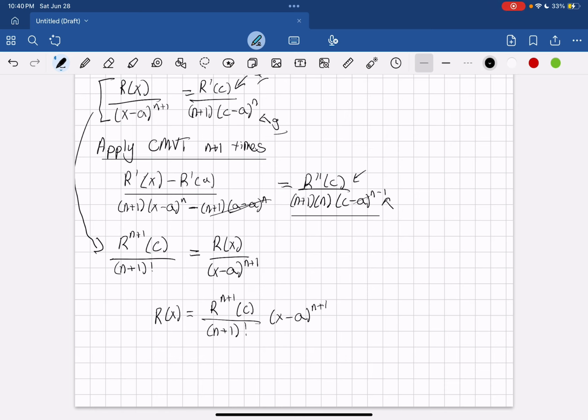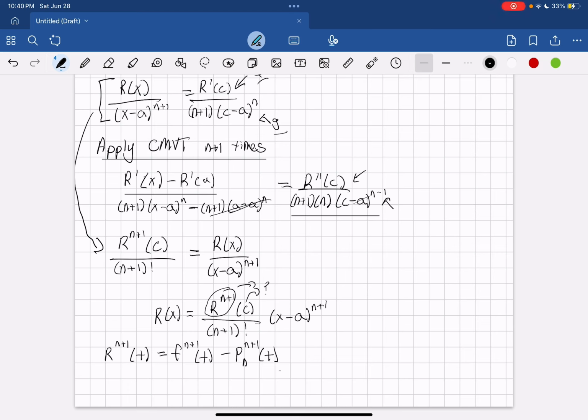Now there are only two issues with this final solution. First of all, we don't know what the n plus 1th derivative of r is. And we also don't know what c is. So first, what is the n plus 1th derivative of r? We know by the definition of r, the n plus 1th derivative is going to equal the n plus 1th derivative of f minus the n plus 1th derivative of the n-term polynomial.